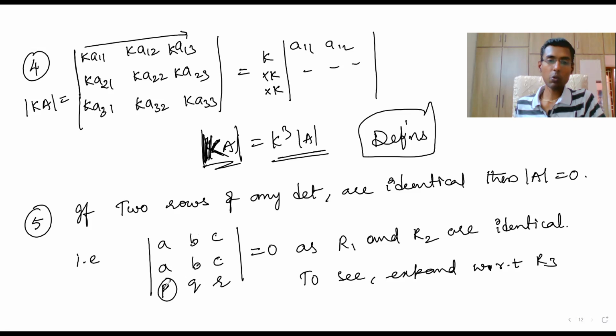For the cofactor of p, remove p's row and column, then what you get is b into c, bc minus bc, 0. Then q into its cofactor ac minus ac, 0, and r into its cofactor ab minus ab, 0. Okay. Like that, the other way also you will get zeros. Is that okay? Yes, sir.